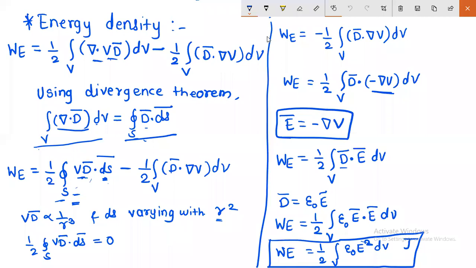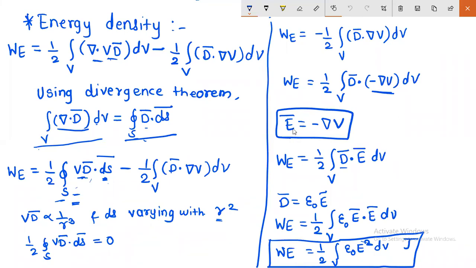So we can write W_E is equal to minus 1/2 volume integral of this term only, that is D bar dot del into V into dv. Now I'm taking this minus sign inside, so W_E is equal to 1/2 volume integral of D bar into bracket, minus del into V into dv.